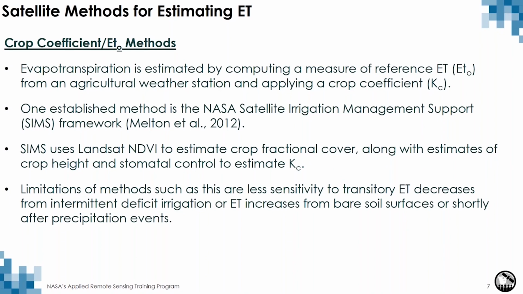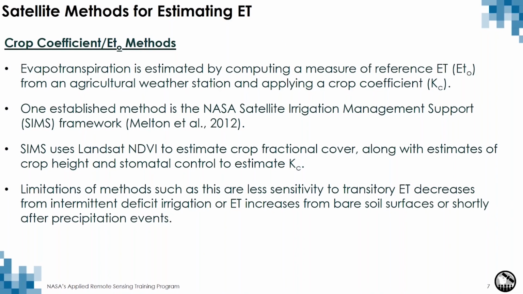That being said, those crop coefficients are really good when a farmer is able to understand what crop is in his or her field and to apply a crop coefficient that is relevant. And so this requires a lot of human interaction to do this in a way that is able to provide an accurate measure. And so one of the established methods is a NASA program that's run out of NASA Ames, the NASA Satellite Irrigation Management Support System.